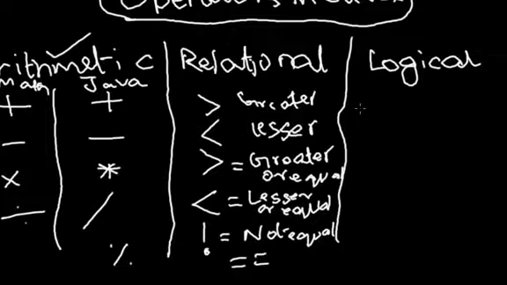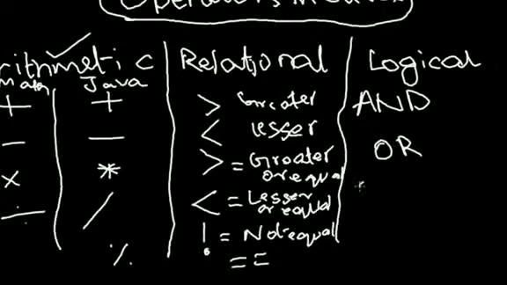So in logical operators you have, I'm just going to make a small chart for it, and I'll explain it later. You have and, or, not, and this is the same hierarchy.